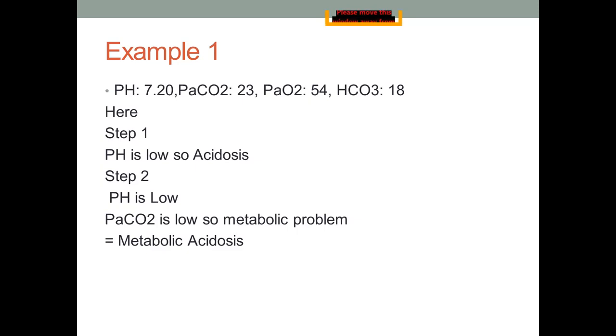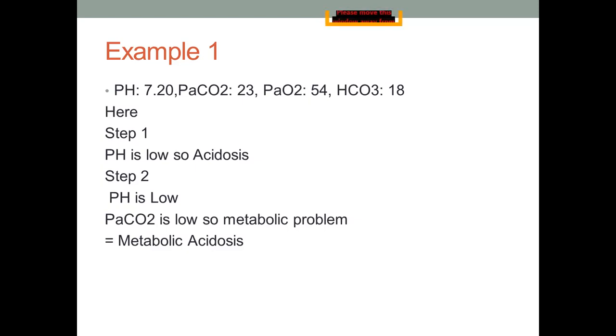Step two was to look at the PCO2. Here PCO2 is also low. So pH is low, PCO2 is low. Both are going in the same direction, both are low. So the problem is metabolic. So what is the acid-base disturbance? This is metabolic acidosis.